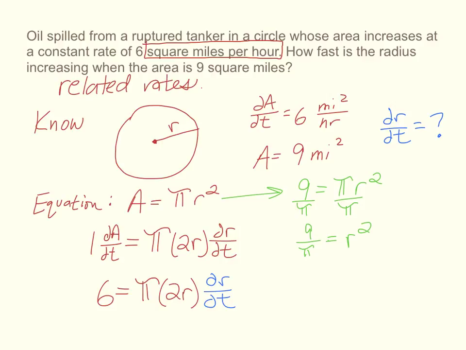The final step is then to take the square root of both sides, which leaves you with the square root of 9 over pi equals r. So now that we know the value of r when the area is 9 square miles, we can take that and substitute it right in for our r value here.